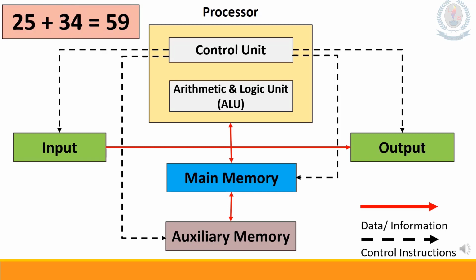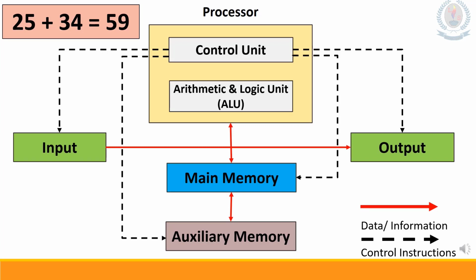Children, now we are going to discuss how an addition task happens in the computer. Assume that a user wants to add two numbers, let's say 25 and 34, and get the answer with the help of a computer.